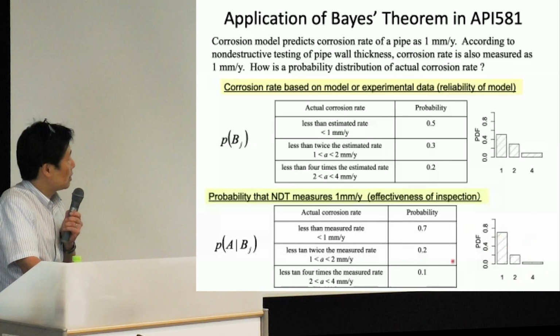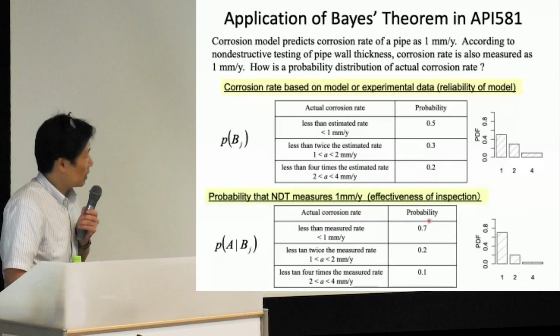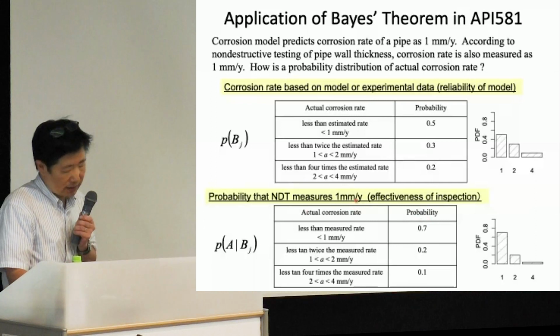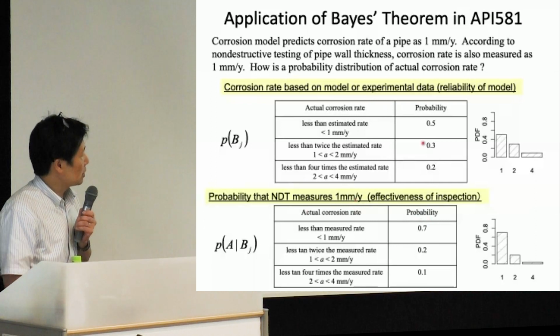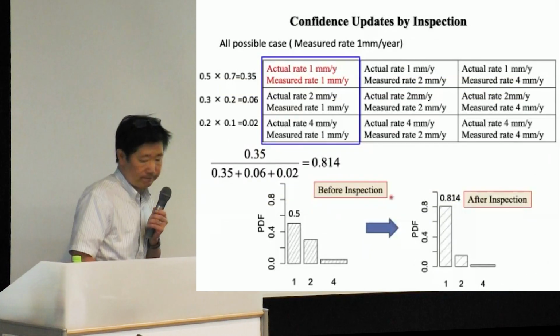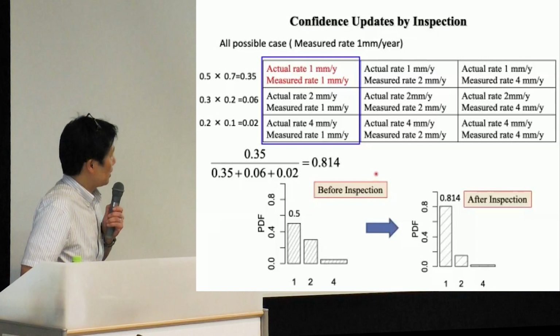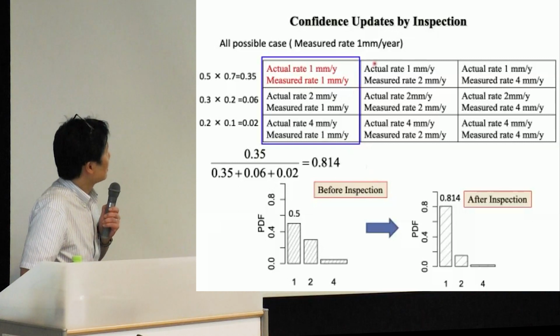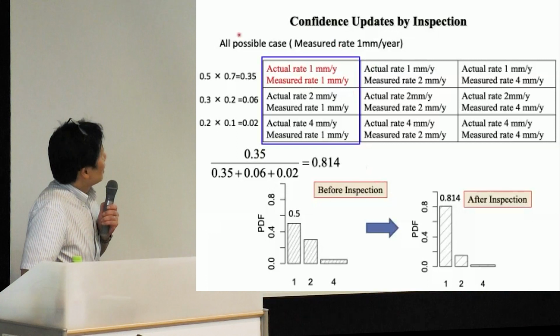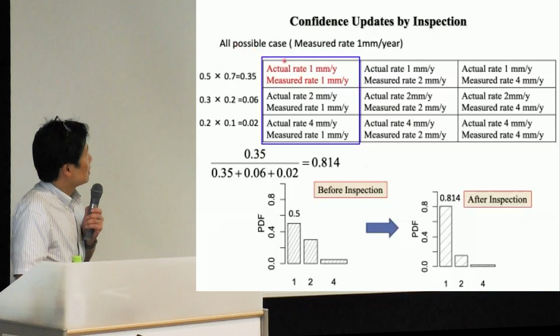In that way, we define the reliability of non-destructive testing. In this situation, we apply Bayesian theorem. And in this table, we pick up all possible cases.